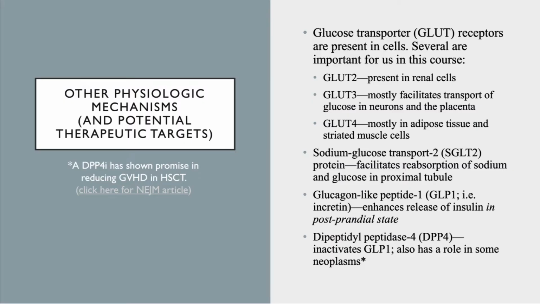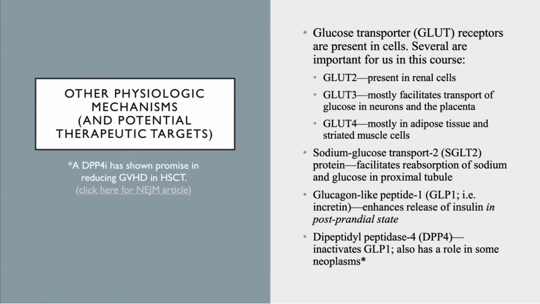So there are lots and lots of new drugs on the market that target different physiologic mechanisms, and I thought it was a good idea to review some of these. So in a generic sense, we have glucose transporter receptors. They're called GLUT receptors, and they're all over the body in different cells.